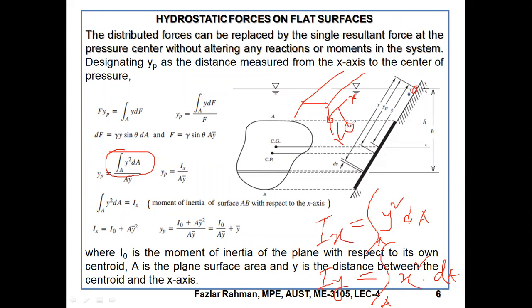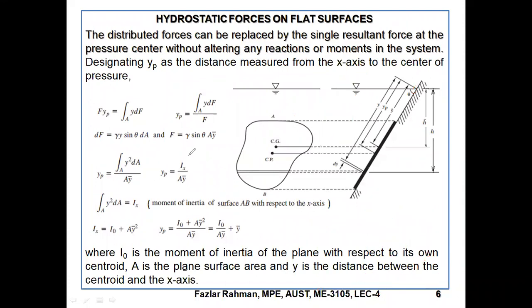What is the distance from the area to here? It is y. This area is dA, then the first moment will be y into dA, the second moment y dA into y, so that means y square dA. So this is my Ix. Ix gives the inertia with respect to which axis? With respect to the x-axis. But where is the object? Right over here.